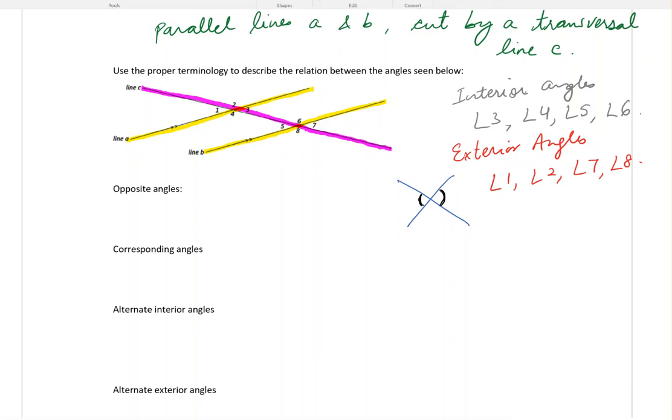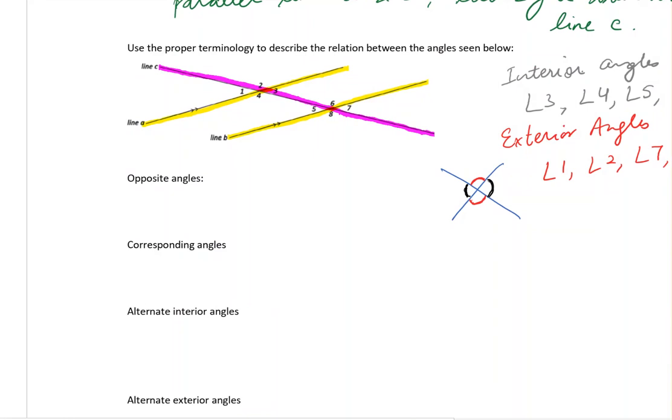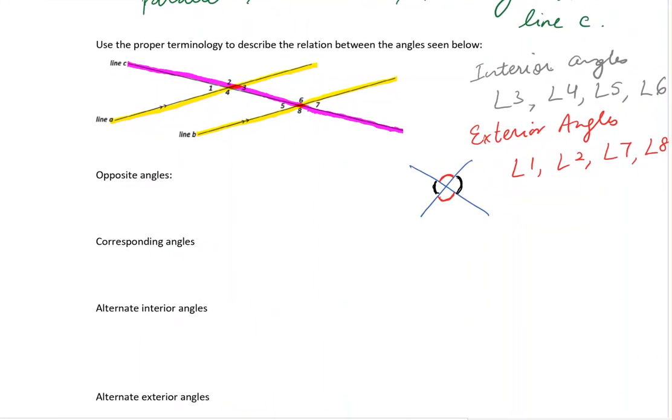Similarly, there is another pair of opposite angles that would be this one. Opposite angles are always equal. So in the given diagram, we can look at the opposite angles.